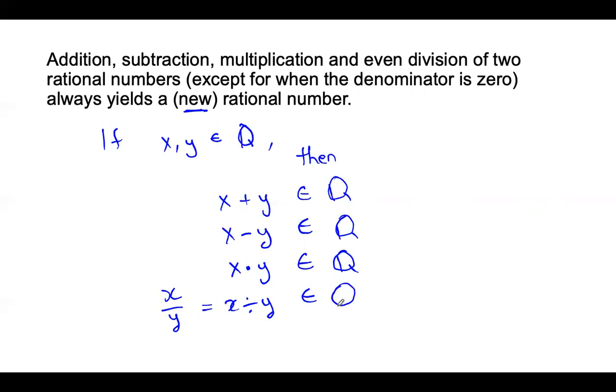This is, of course, if y does not equal 0. If you try on your calculator to divide by 0, you're going to have a problem, right? So you can't divide by 0.